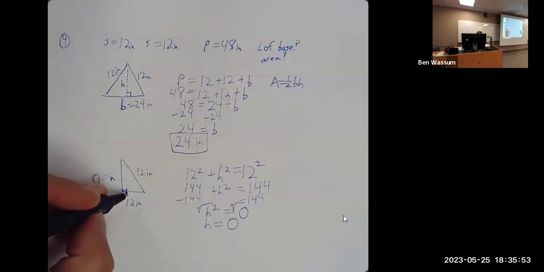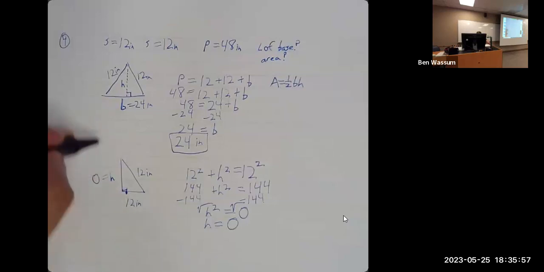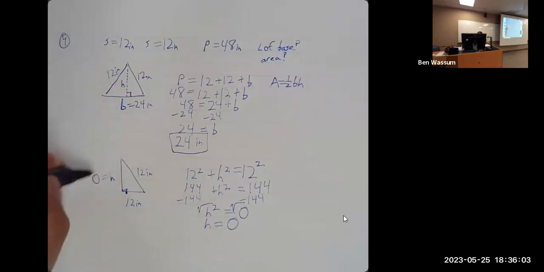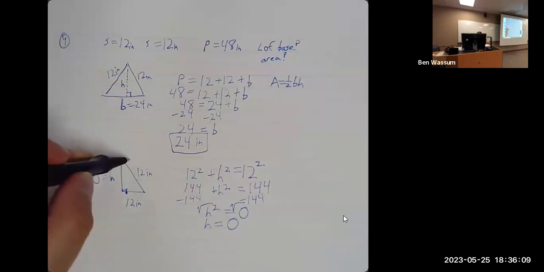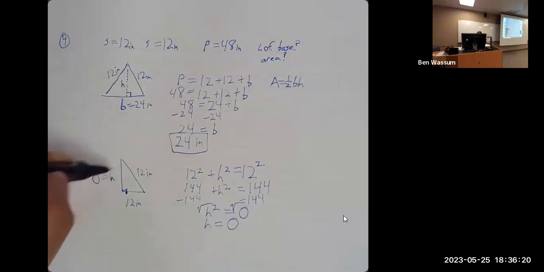If this is 12 inches and this is 12 inches, and then we're supposed to have a full other half where it encloses some space, there's no way to have 12 inches here and 12 inches here, but some height in here that lets us put another right triangle on the other side of it.